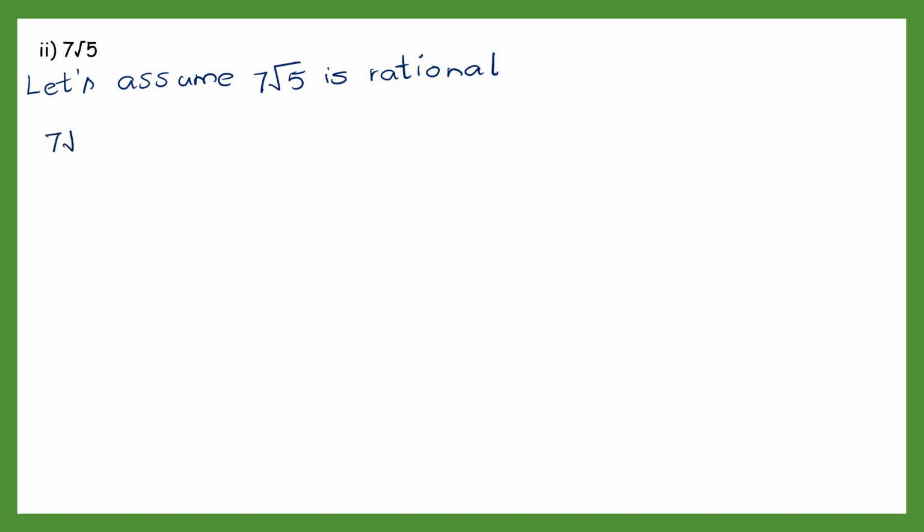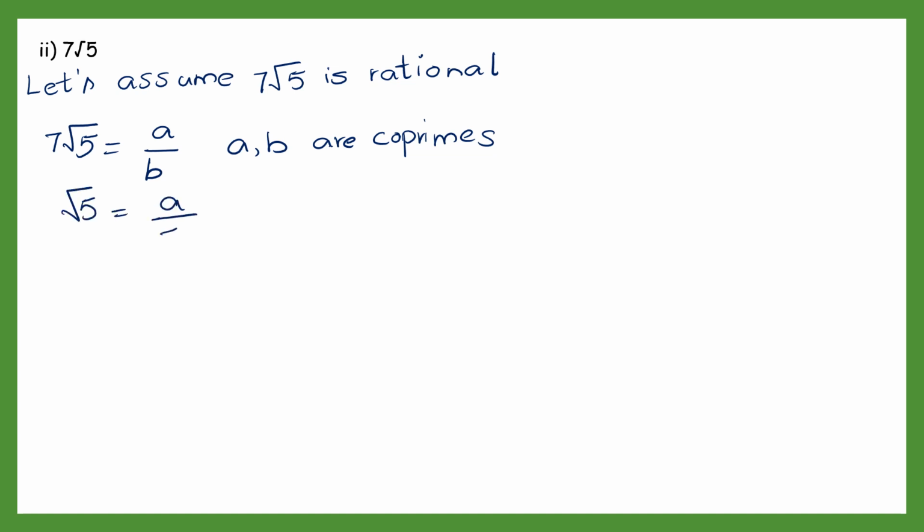So, if 7 root 5 is rational, it can be expressed as a by b, where a, b are coprimes. So, root 5 is what? A by 7b.